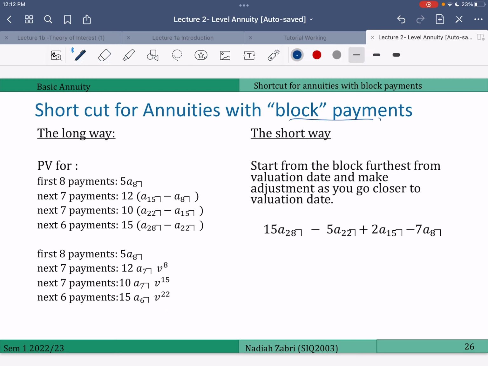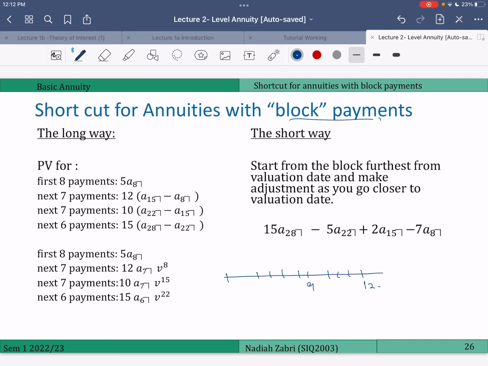Here the first payment is straightforward. It's the same as just now, 5 times A angle 8. But the next 7 payments are done this way. The second payment, we have it from 9 to 12.